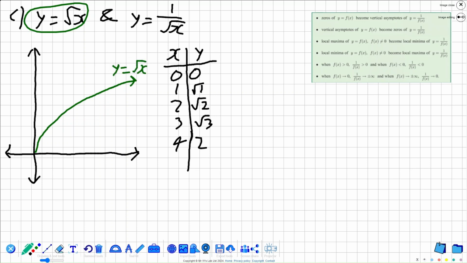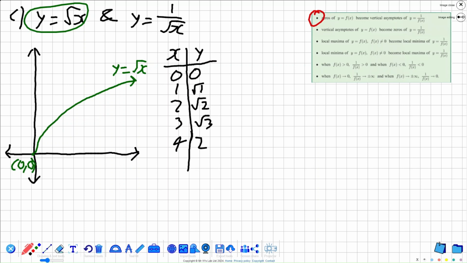Now obviously we could do a simple table to find out what the reciprocal is, but we can also have a look at this section we've got here. So we can see two main things that apply to this one. You might not have noticed this, but we've got this point here, and I might even label it for you at 0, 0, which is a, do this in red, 0 point here.